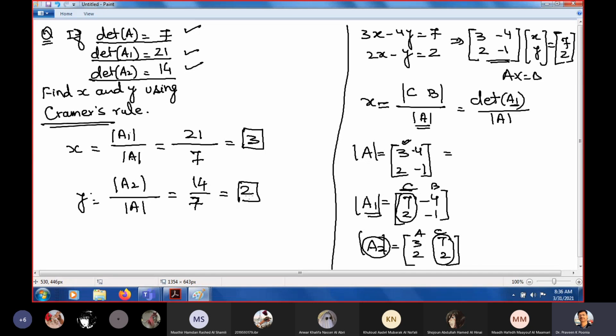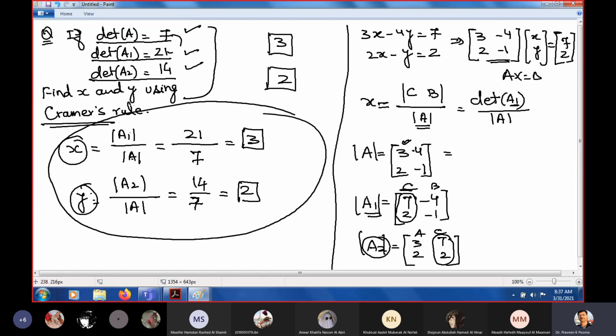Clear? So while we are having a multiple choice or fill in the blanks type exam for midterm, in the exam we will give you these three. You need to find x and y directly. There will be a space for the value of x and the value of y. So you need to divide. 3 is here, 2 is here. Class, this you need to solve yourself.